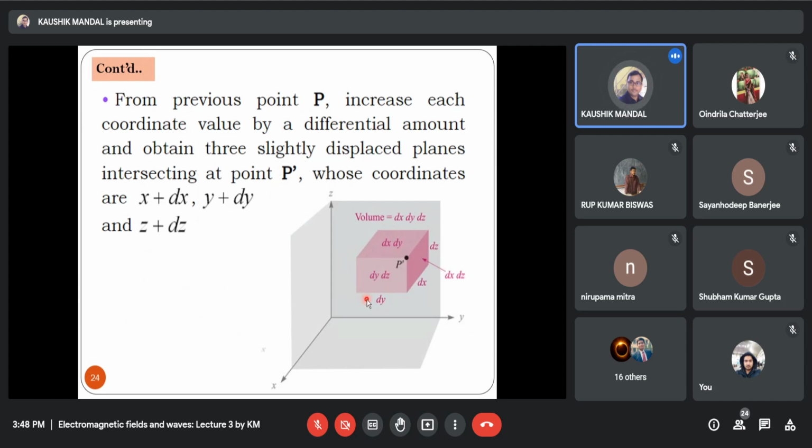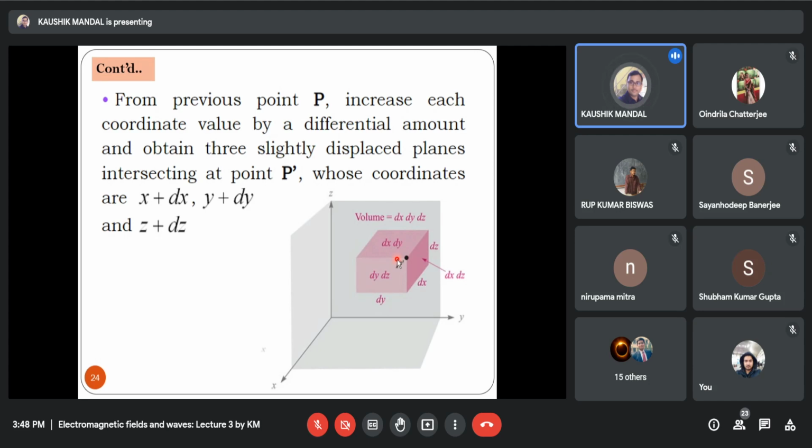Now, if we consider the differential increase, suppose P is at this position. The differential increment along the x-axis is dx, along the y-axis is dy, and along the z-axis is dz. So at point P, we are differentially increasing the coordinate values.